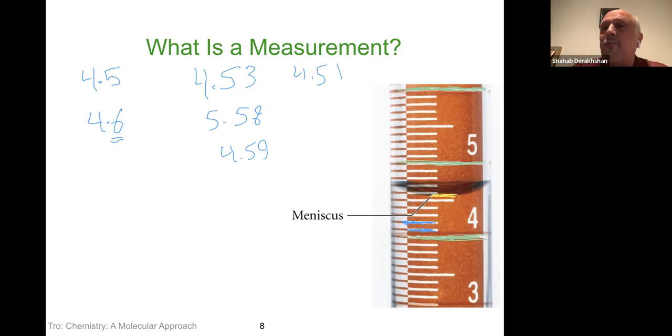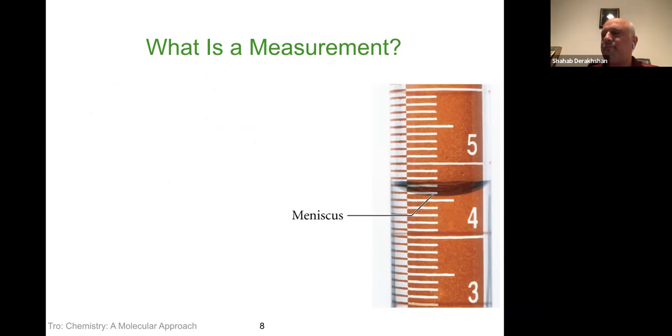But I'm not allowed to say, for example, 4.5, because I missed the opportunity to guesstimate one more digit. Or I'm not allowed to say, for example, 4.583, because now I'm reporting one extra digit for which I have no way to argue. So basically, this is how we read these devices.